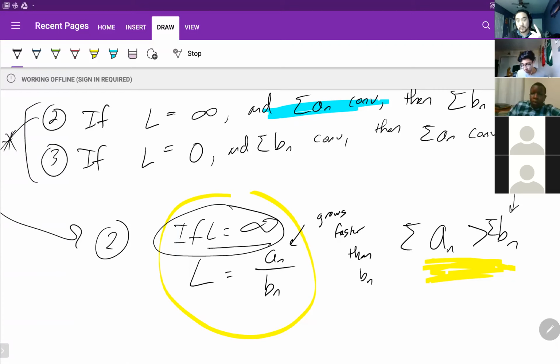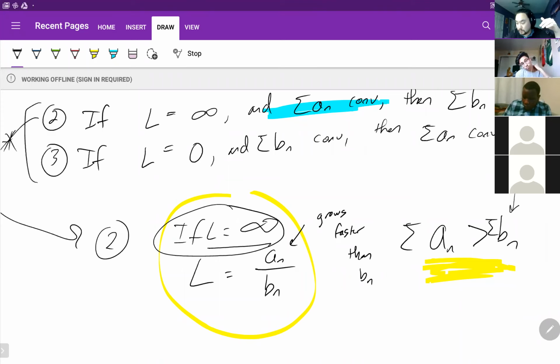So if the denominator goes to infinity, then a sub n also goes to infinity? Oh no, that's not what I'm saying. All we're saying is that a sub n gets to infinity faster than b sub n. b sub n could go to infinity, or b sub n could go to a constant. But we know, because the limit is infinity, that a sub n goes to infinity faster.